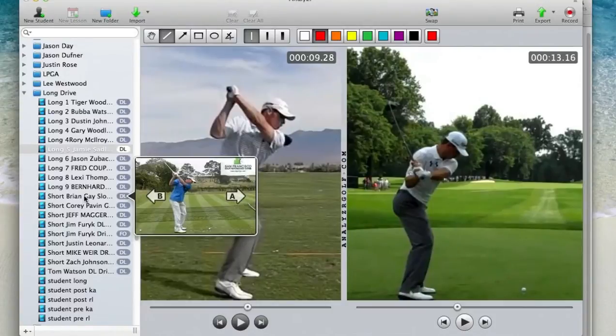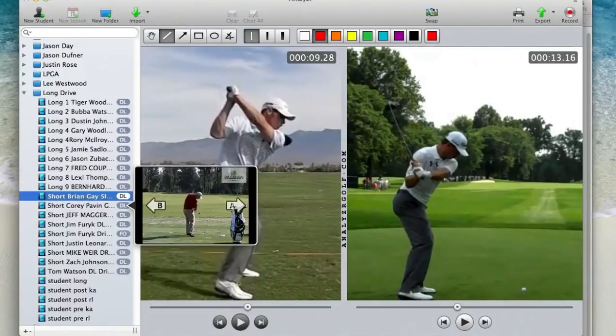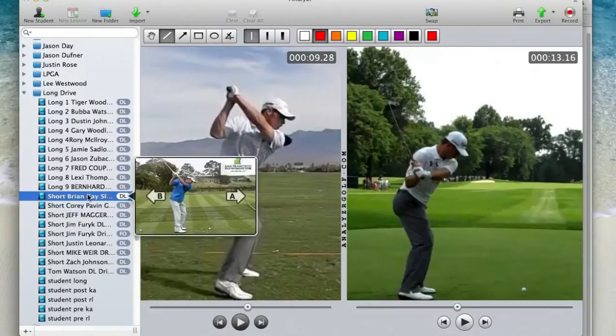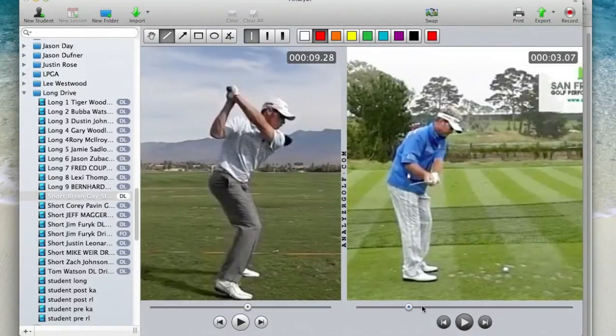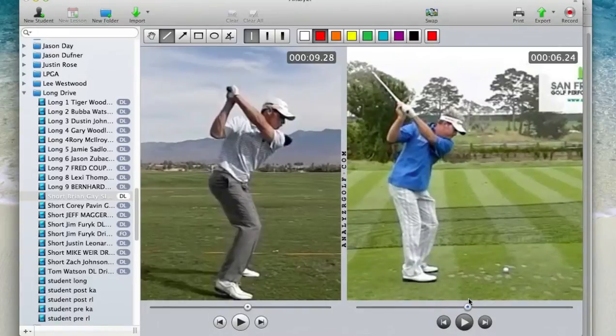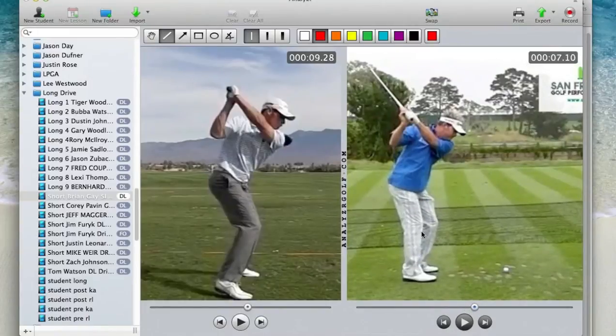So now let's take a look at some examples of the guys who struggled a little bit. Brian Gay was near the bottom of the list in terms of club head speed. If we take him up to the top of the swing, we can see there's not going to be as much displacement. He didn't get nearly as much height, mostly from the rib cage, a little bit from the shoulders.